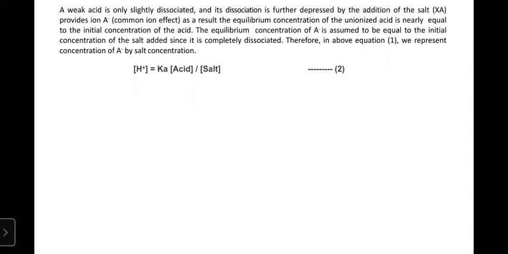The equilibrium concentration of A minus is assumed equal to the initial concentration of the salt added, since it is completely dissociated. Therefore, in equation 1 we represent the concentration of A minus by the salt concentration: HA is acid and A minus is salt.